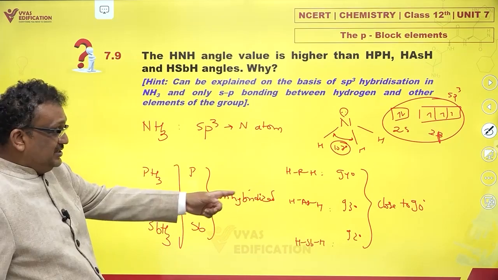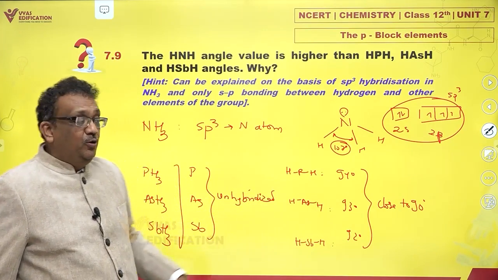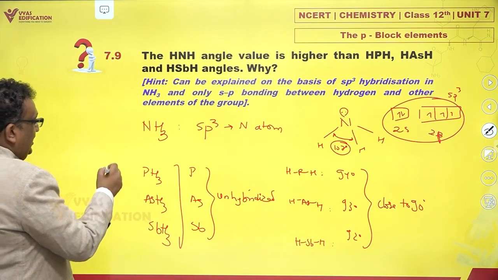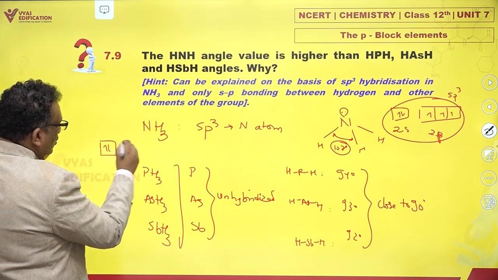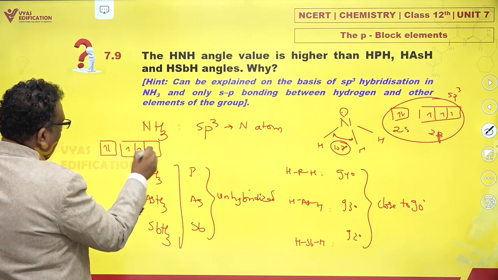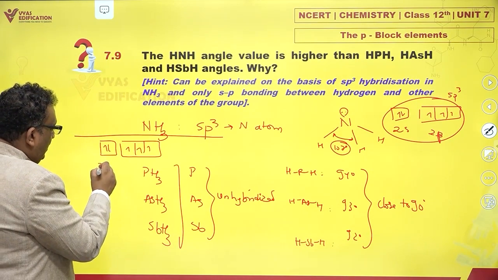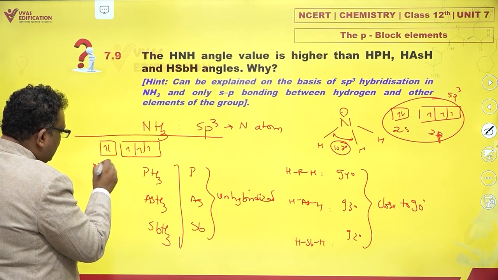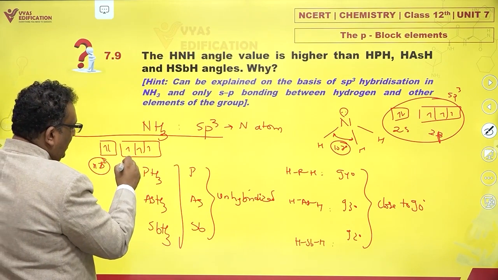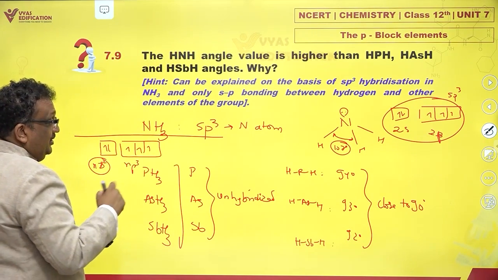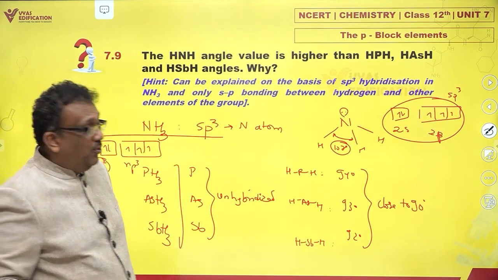In this case, since bond angles are observed to be close to 90 degrees, it means that there is no such mixing of orbitals in phosphine, arsine and stibine. The ns2 stays apart, and the np3 are the orbitals which are used in bonding.